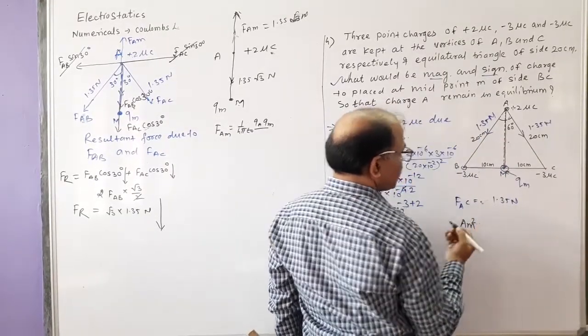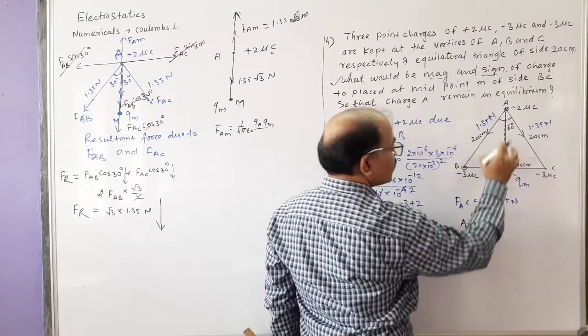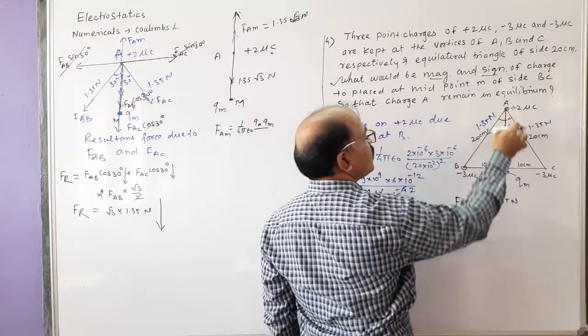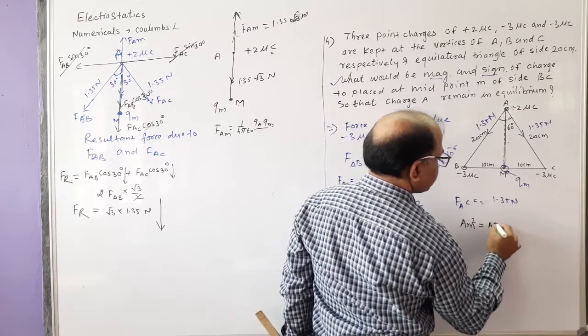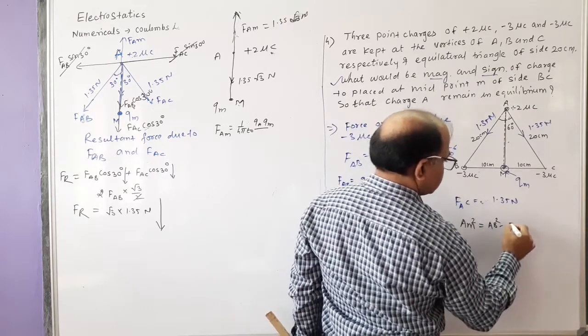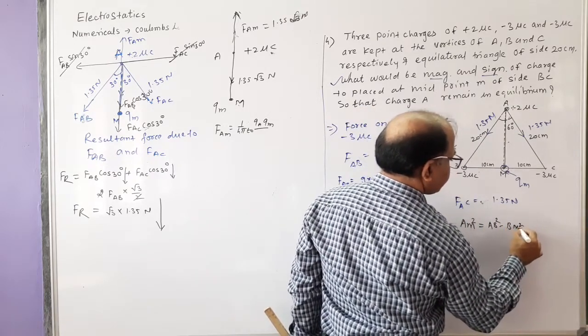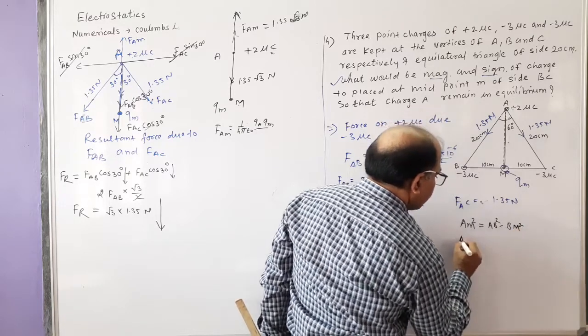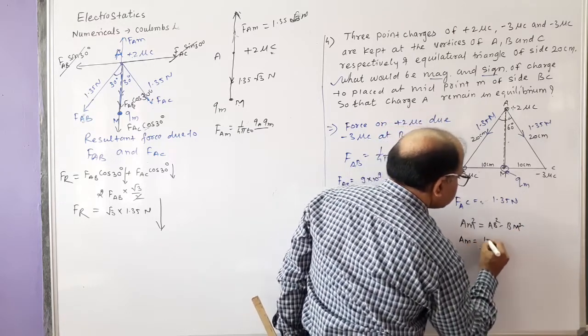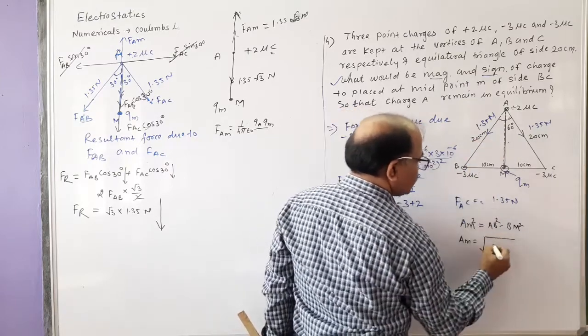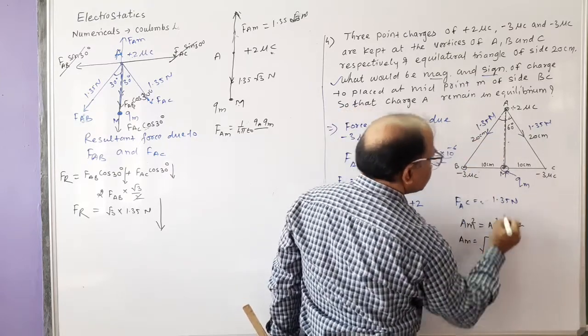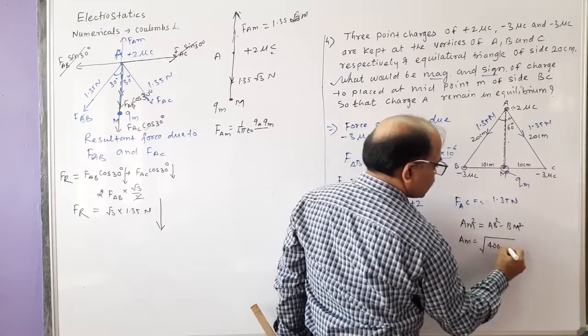AM using the Pythagoras theorem, AM square equal to AB square minus BM square. So AM equal to under root AB square. AB square means 20 square, 20 square is 400, minus square of BM is minus 100.